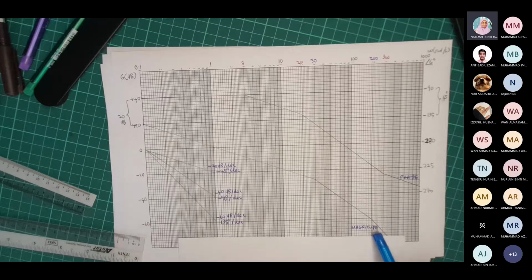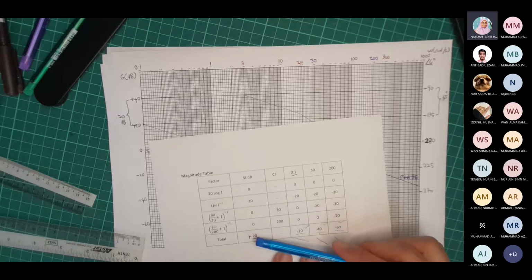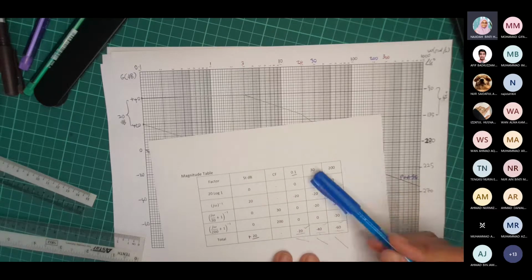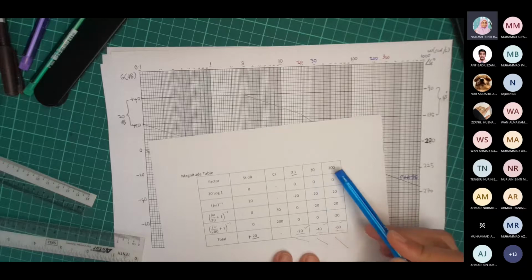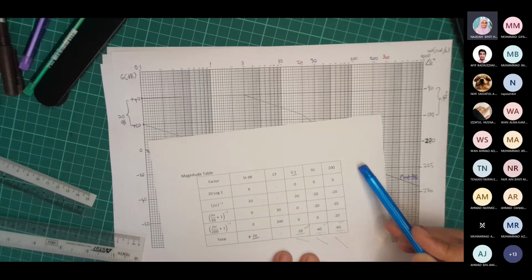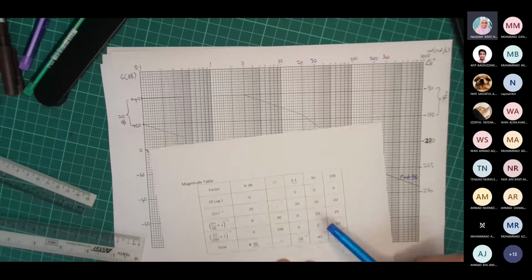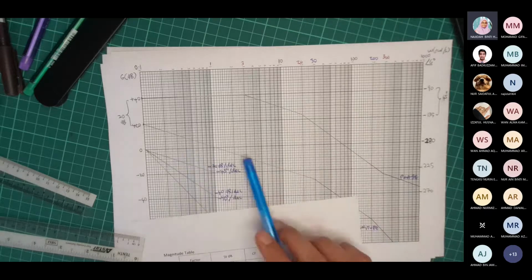So to plot the magnitude plot for the compensated system, you need to construct this magnitude table by including the ZC and PC. So you will have two additional columns. This is from the open loop poles 30 and 200. You need to add two more columns for ZC and PC. Then only you can calculate the total slope for the compensated system and draw the magnitude plot only.